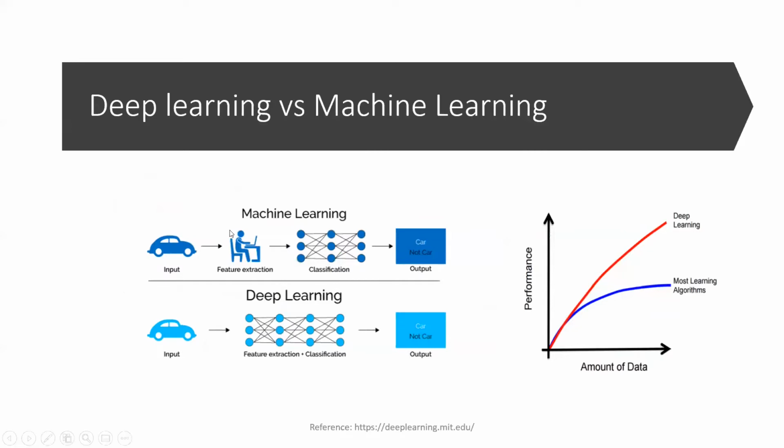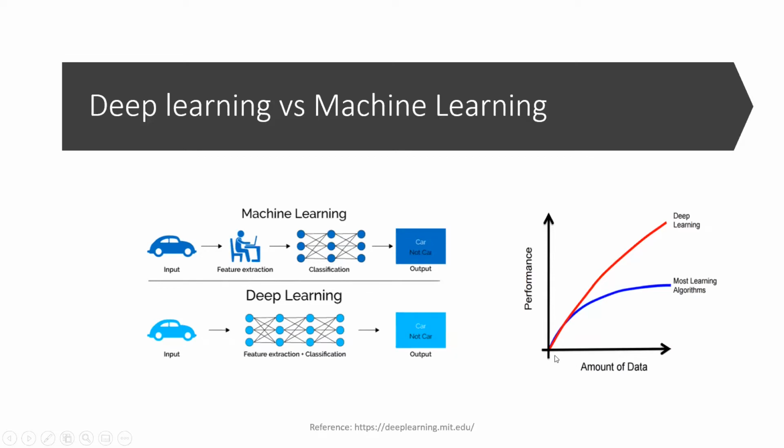For instance, in machine learning, you had an input, then you'd have a human do feature extraction, then you feed those features into the model, the neural network here, to do classification, that will give you whether it's a car or not a car. For deep learning, the aim is to get rid of this human. They want to automate everything, whereby we don't need a human being to do the feature extraction. The human being would come in at the last part, labeling.